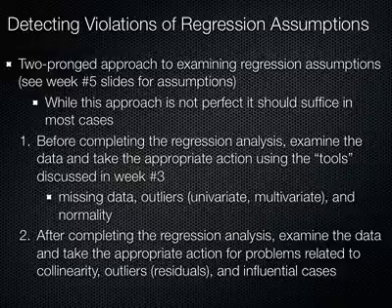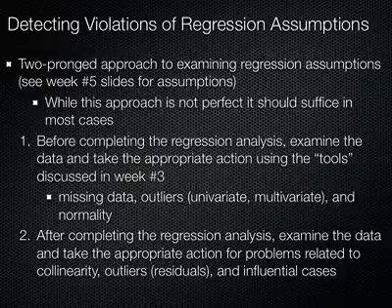And you'll find that in a lot of cases, but not every case, outliers are also influential cases, but not always. So it's useful to examine both for outliers and influential cases.